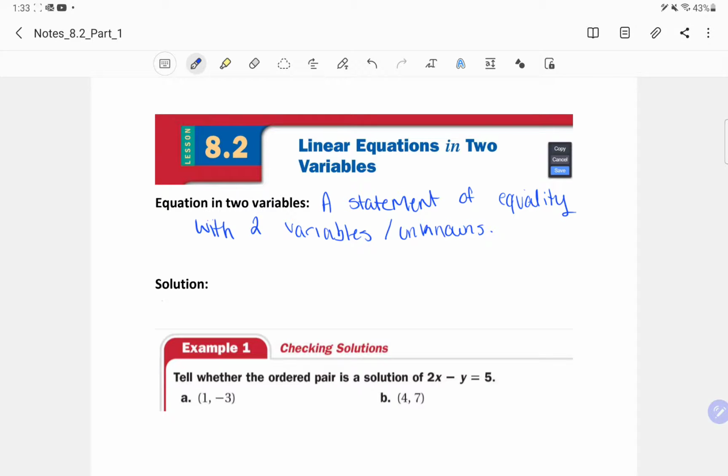Okay? So it looks something like this: 2x plus y equals 7. That would be an equation in two variables.